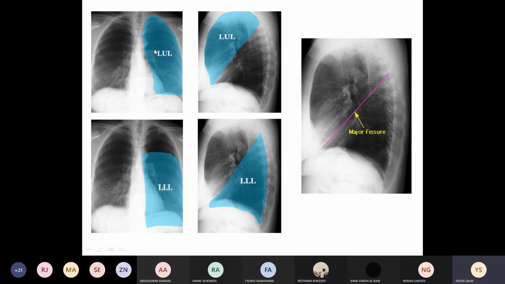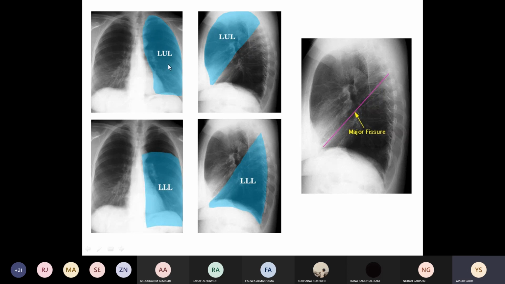Okay. This is a frontal view and this is a lateral. If there is a lesion on this side from the frontal, there is a lesion in this area, but still I am not able to localize it. Is it in the right upper or right lower?